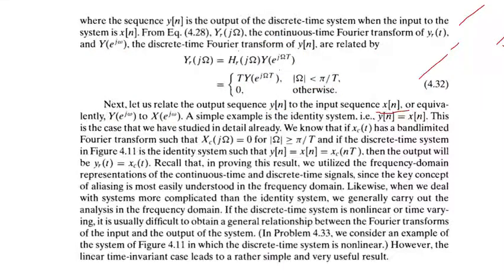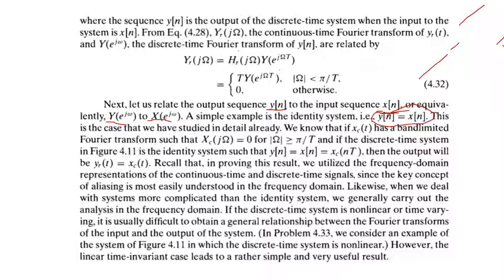If we have x of n input and y of n output with their corresponding Fourier transforms, and we say that the discrete time system is 1, it means it is identity: whatever is at the input comes at the output. The system is doing nothing, it just passes the input to the output.